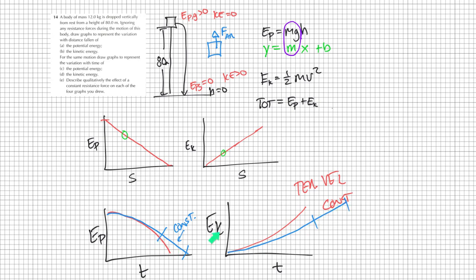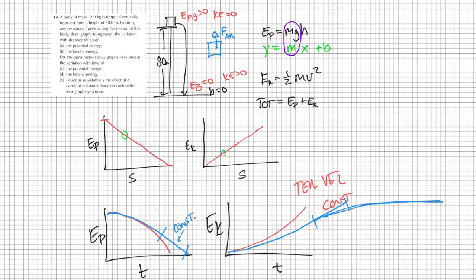And so while my energy, with this one specifically, if I'm not increasing that, this would actually become flat because my kinetic energy is not being increased. However, my potential energy would still decrease.